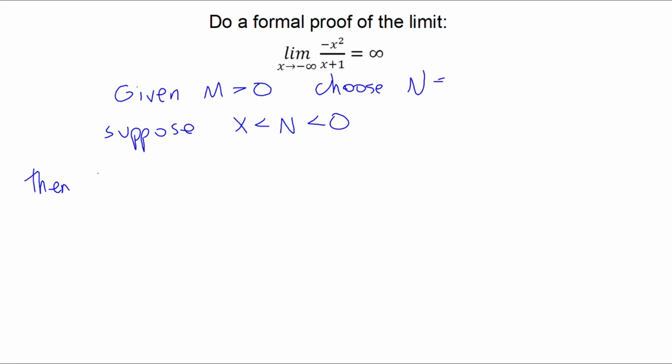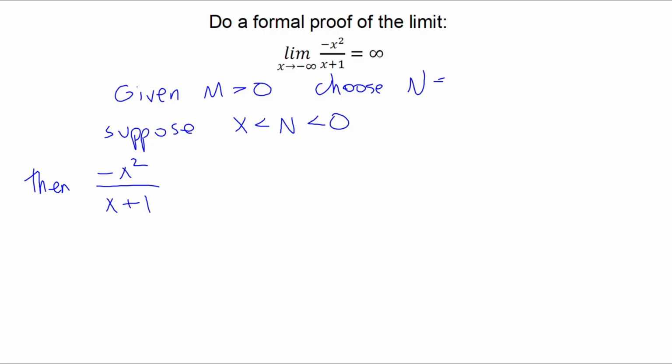And then we want to show that our function negative x squared over x plus 1 is eventually greater than m, because we want to show that our function goes above any value that we might think its limit is. That's why it's going to infinity. So we need to show that it goes over any real number that we might choose. So we have negative x squared over x plus 1.